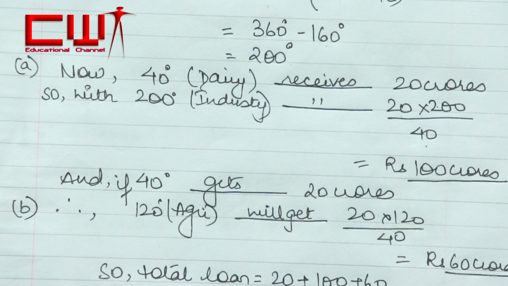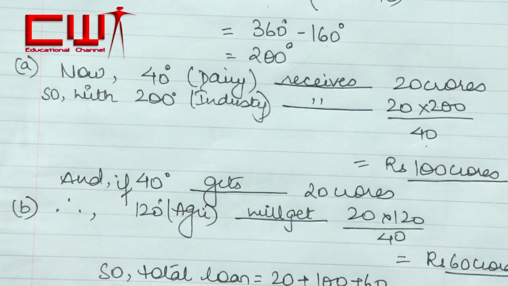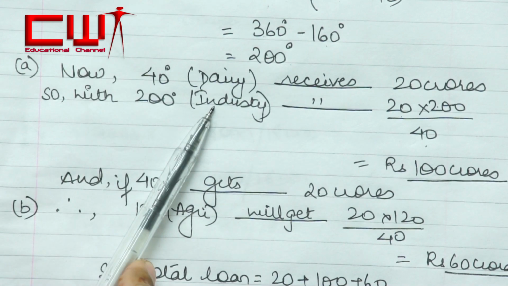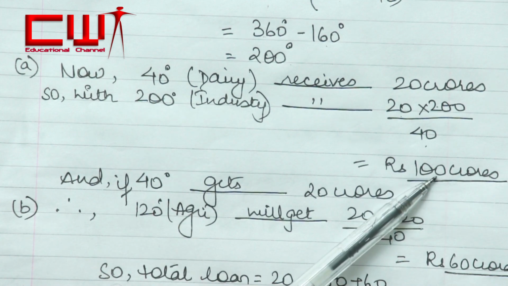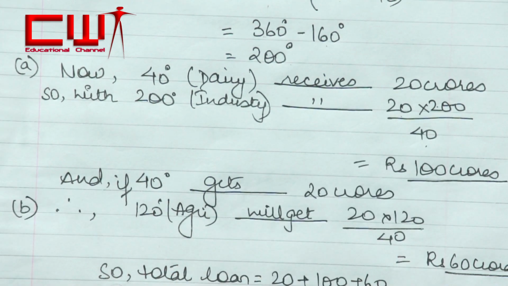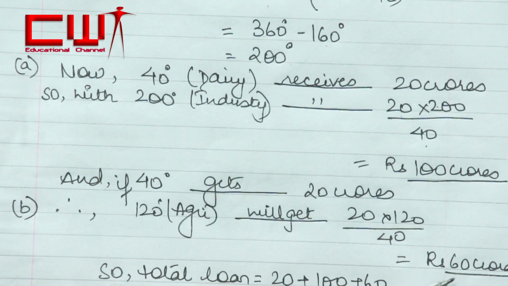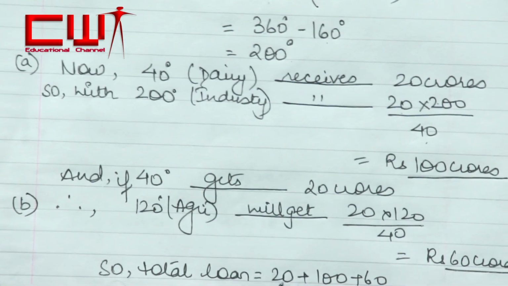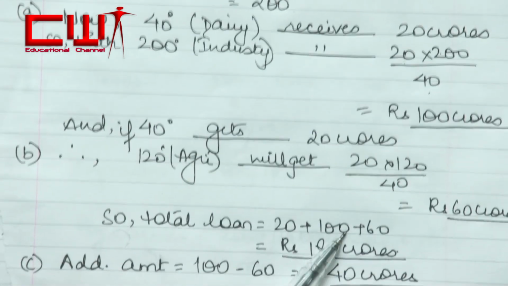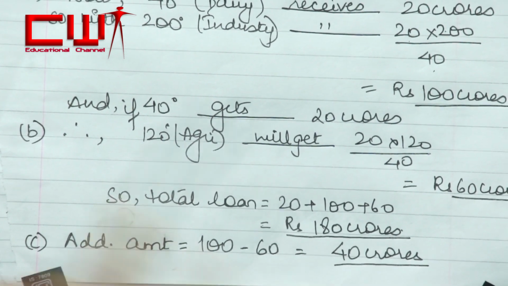Now you have all the loan amounts. How much is dairy getting? Dairy is getting 20 crores. That is given in the question. Second thing, industry we have found out. How much is industry getting? 100 crores. So 20 crores plus 100 crores, how much? 120 crores. Third thing that we have found out, agriculture is getting 60 crores. So 20 crores plus 100 crores plus 60 crores will make up rupees 180 crores.